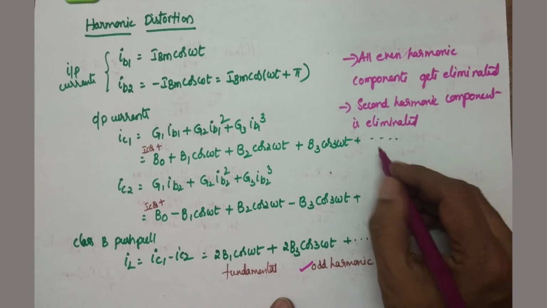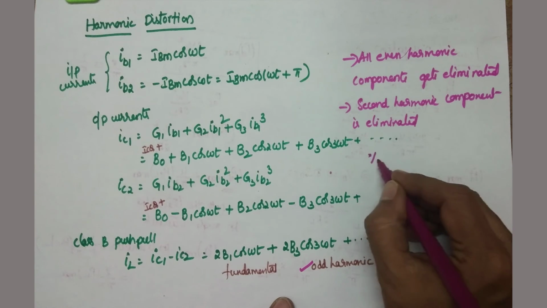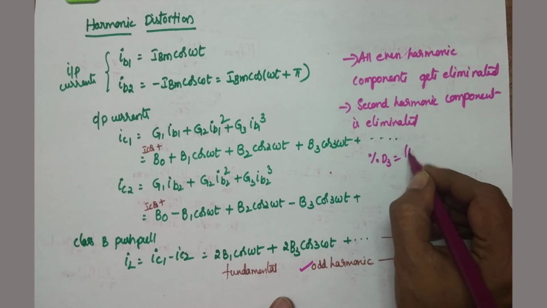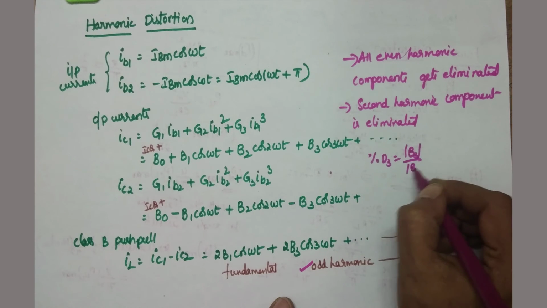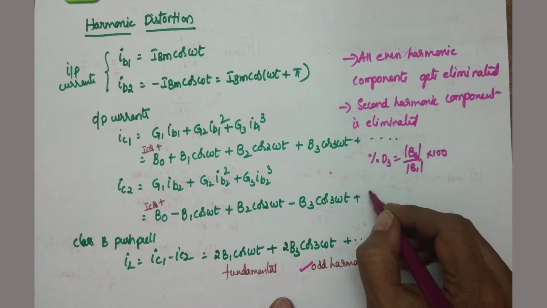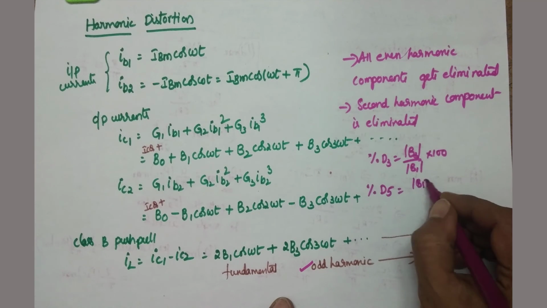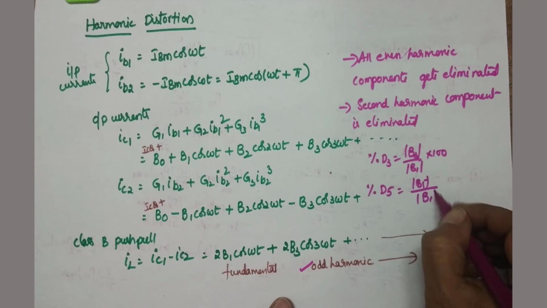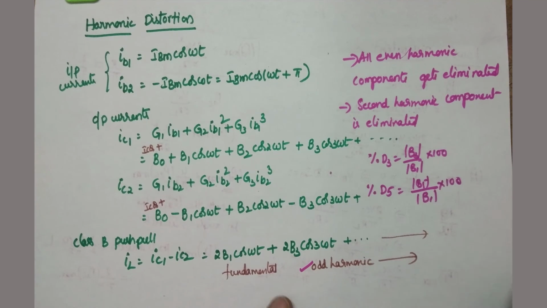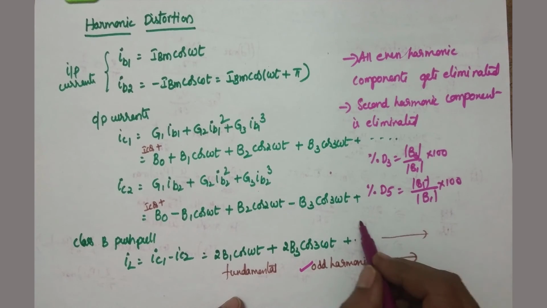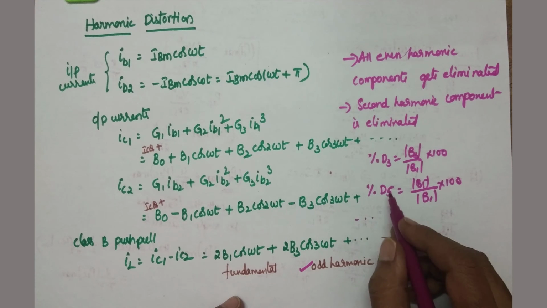What are the distortions now? The first distortion is percentage D3, that is mod B3 by mod B1 into 100. Next you are going to get the odd distortion D5, that is mod B5 by mod B1 into 100. If you go on, then you're going to get all the odd harmonic related distortions.